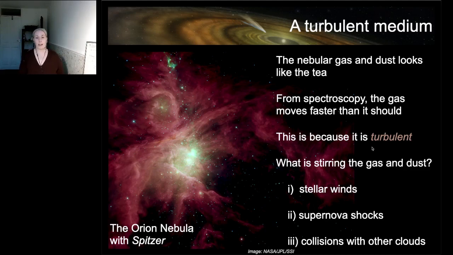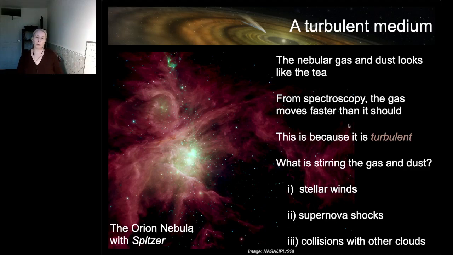And the reason for that is because the gas is turbulent, and the turbulence has been injected by these energetic stars. So these massive stars blow out stellar winds, so these are energetic particles that impart energy into the surrounding medium. When these massive stars die, they go supernova, that sends shock waves through, injecting a lot of energy again.